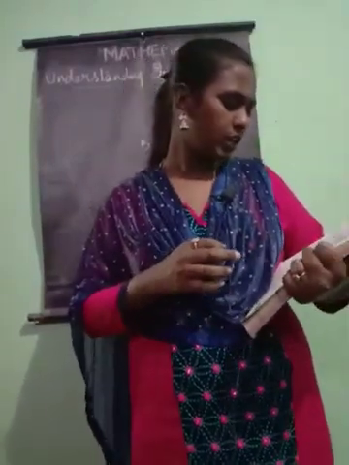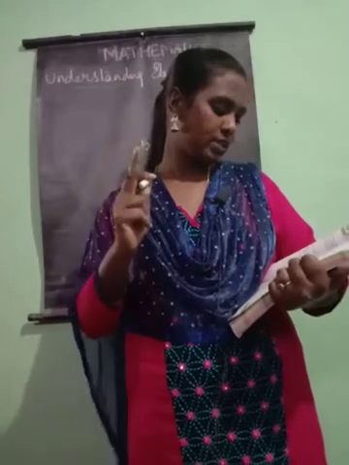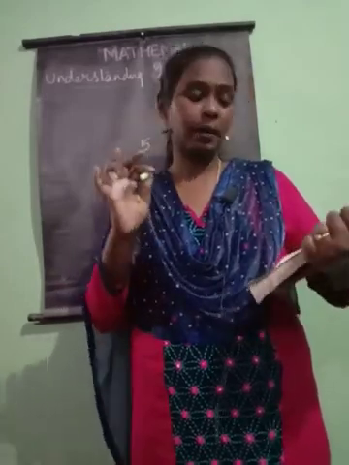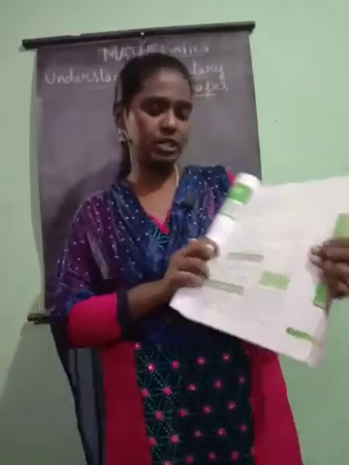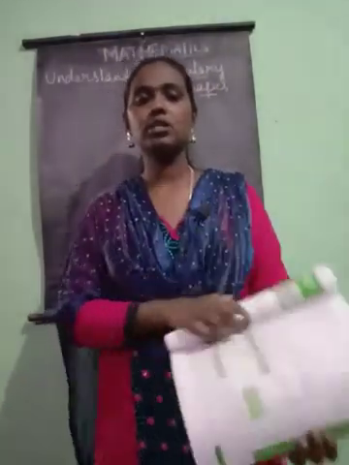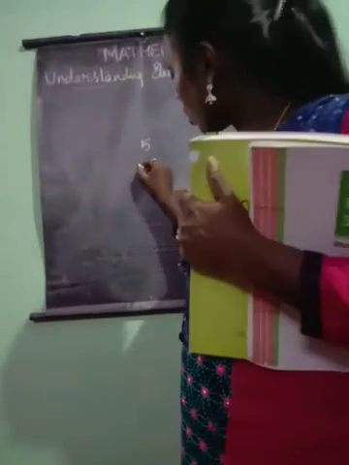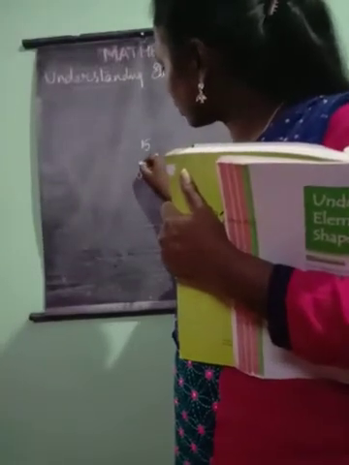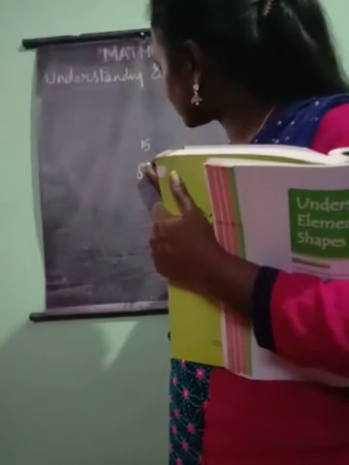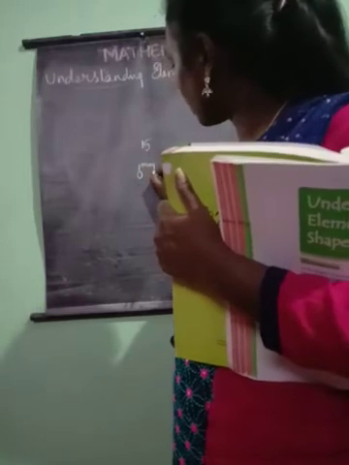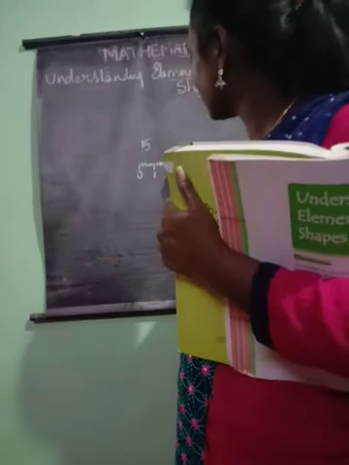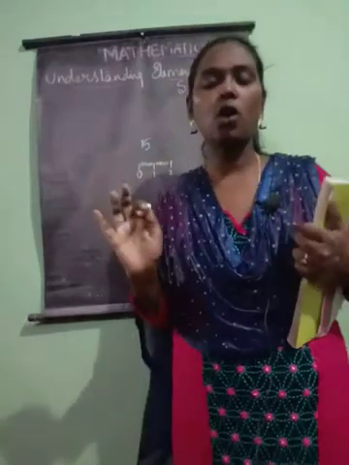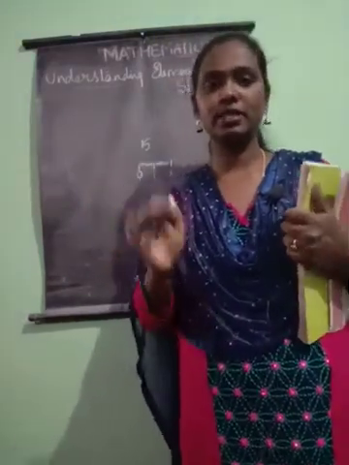Here you can see that for 1 centimeter you have 10 millimeters. From 0 to 1 there are small lines, 1, 2, 3, 4, 5, then 1 centimeter, again 2 centimeters and so on, till 15 centimeters.